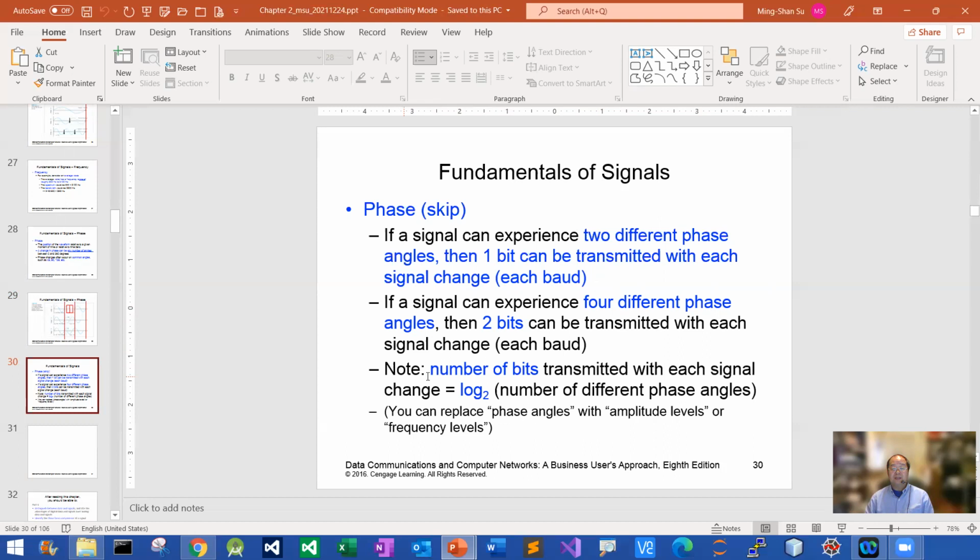Note that the number of bits transmitted with each signal change is equal to log base 2 of the number of different phase angles. We also put a note here: you can replace phase angles with amplitude levels or frequency levels as well. All right, I will just stop the video here.